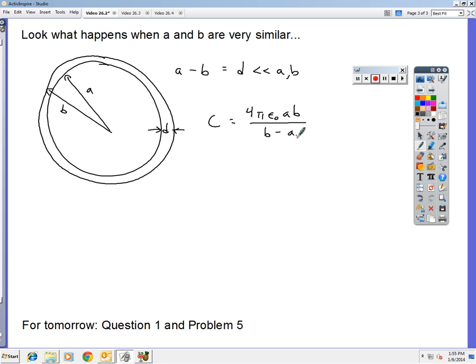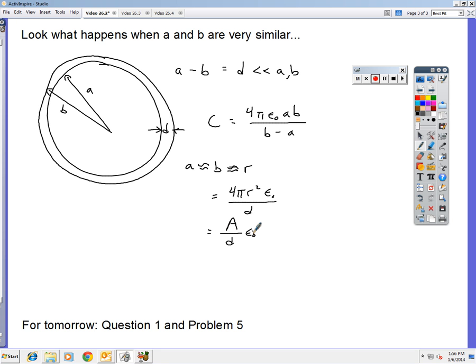And notice that a and b are very close together, so you might just say that a is approximately equal to b, which is approximately equal to another quantity that we'll call r. And so this works out to be 4 pi r squared epsilon 0 divided by d, and 4 pi r squared is just the surface area of that sphere.